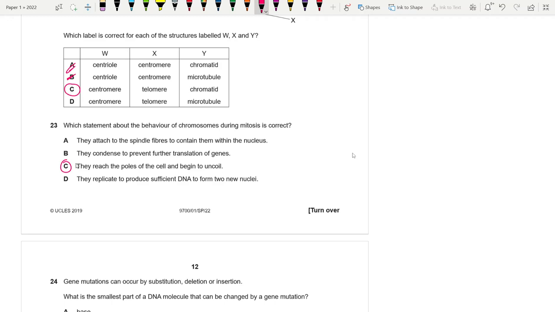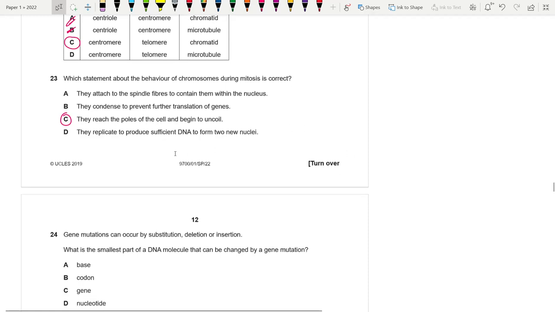They condense to prevent further translation of genes. It should have been transcription of genes. They replicate to produce sufficient DNA to form two nuclei. Sufficient DNA. Double, I think it should be double. Okay. It shouldn't be sufficient maybe. So C is the best answer basically, right?